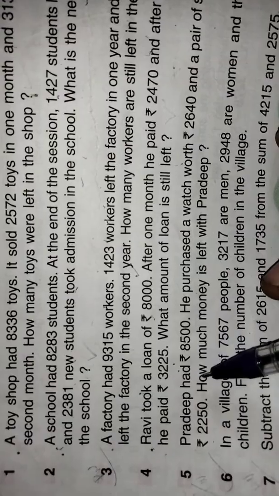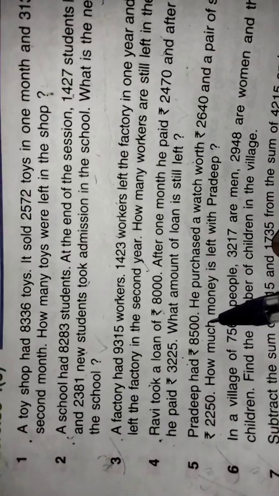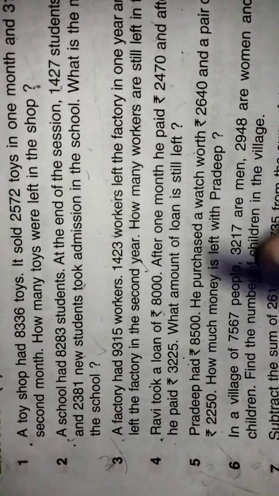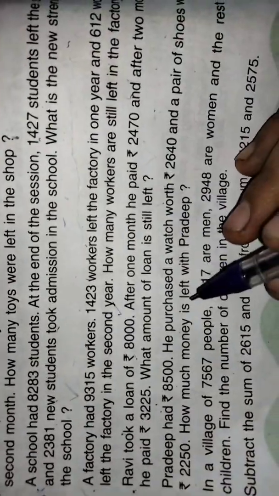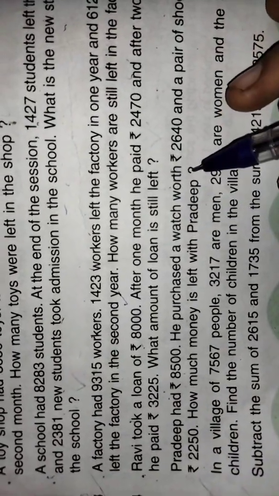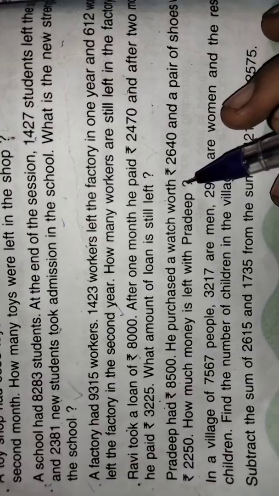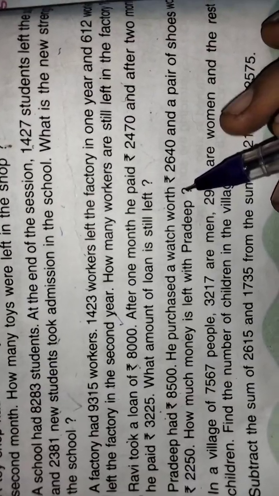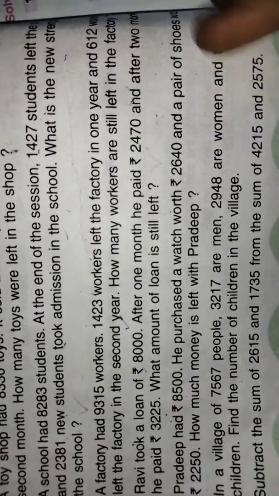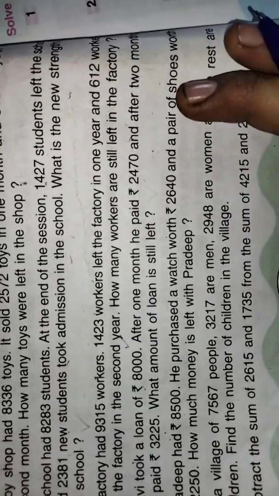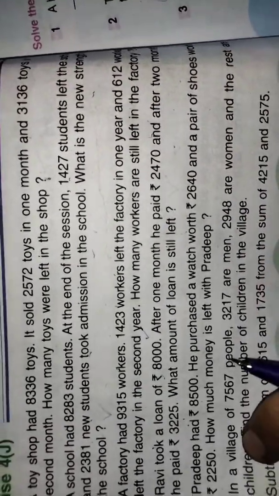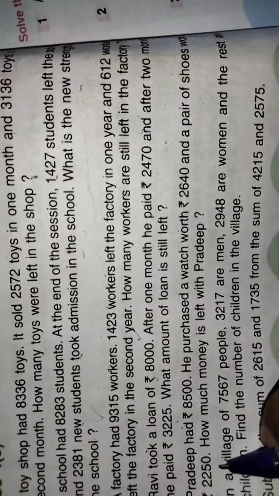Fifth one, Pradeep had rupees 8,500. Total he was having rupees 8,500. He purchased a watch worth 2,640. And again he purchased shoes. It was 2,250.